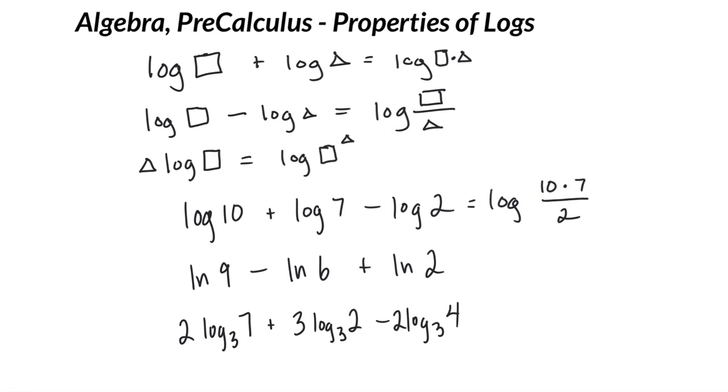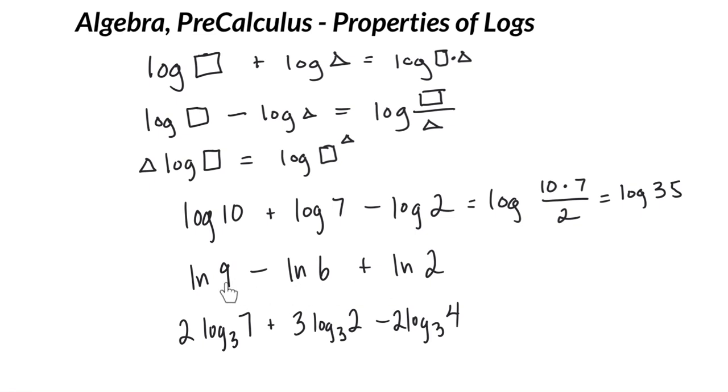Or you could just do the 7 divided by 2, it wouldn't matter in this case. And of course, I didn't put parentheses to dictate the order. 10 times 7 is 70, and divided by 2 would be 35, like that.